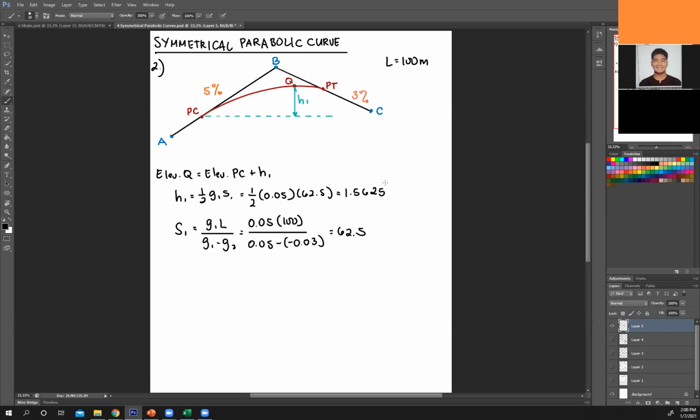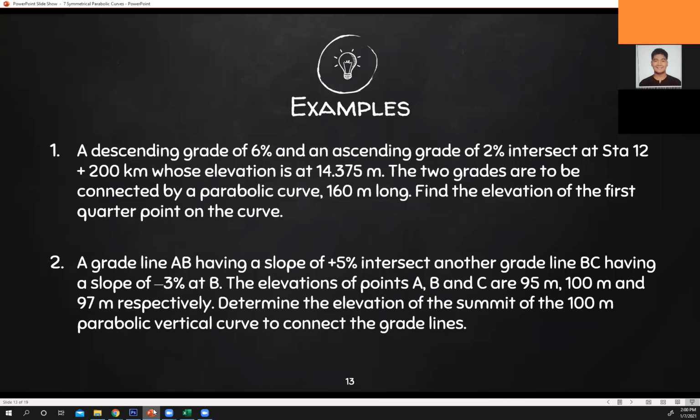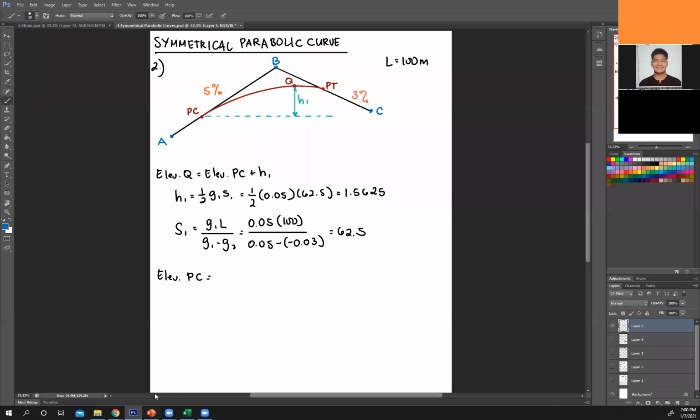5625. Anyone advancing ahead of the rest? Not yet. And now that I have H1, how do I get the elevation of PC? So the elevation of PC is now just equal to, look at what's given. I'm given the elevations of A, B, and C: 95, 100, and 97.